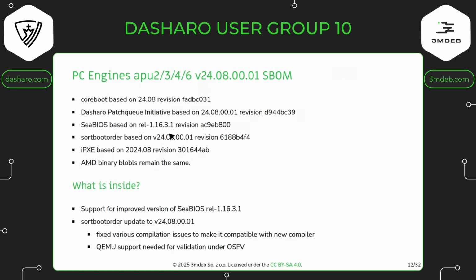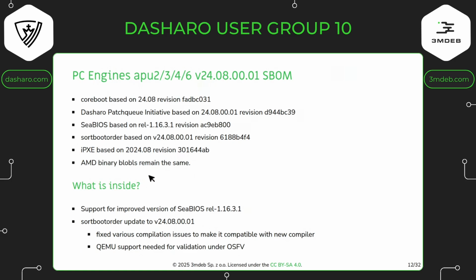Another improvement is the use of the newer SeaBIOS, and this is very interesting because yesterday, when we announced this release, there was a mail on the coreboot mailing list with the announcement of SeaBIOS 1.17. So we were slightly slower, but anyway we would not manage that because 1.17 probably introduced some new stuff which we would have to test. So maybe SeaBIOS 1.17 will be in the next release. We also fixed some stuff in the boot order. I mentioned that below.